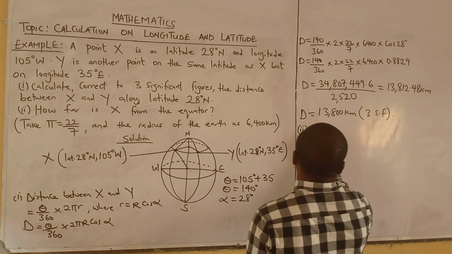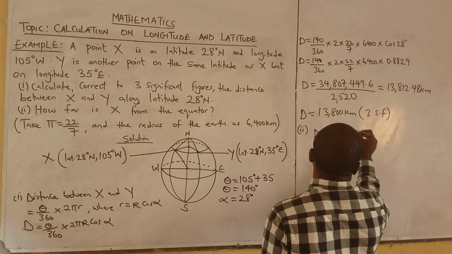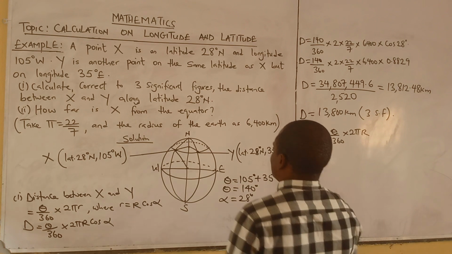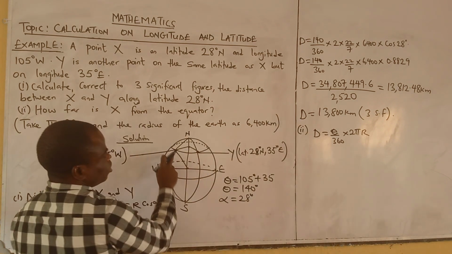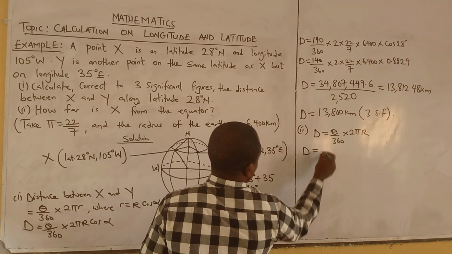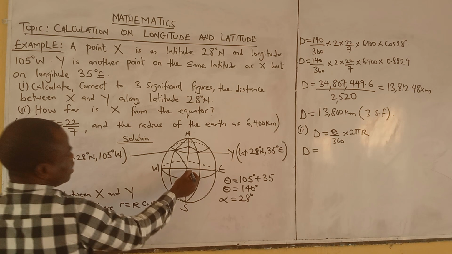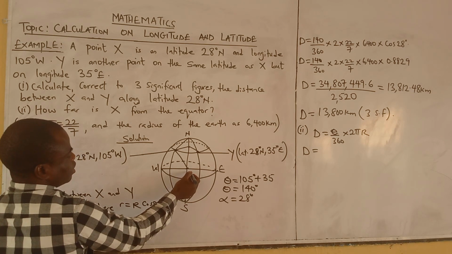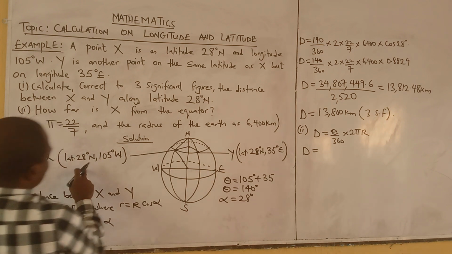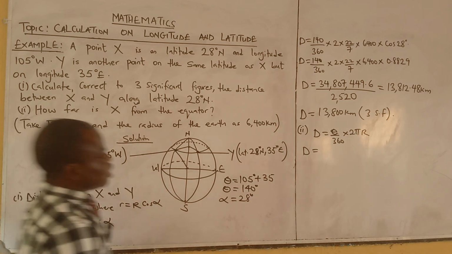Now, the distance equals theta over 360 times 2 pi big R. When you are looking for the distance from the equator to this X, we use this expression. You take the angle, because at the equator you have 0 degree. Now 28 of the latitude, which is 28 degree north, plus the 0 still gives you 28.